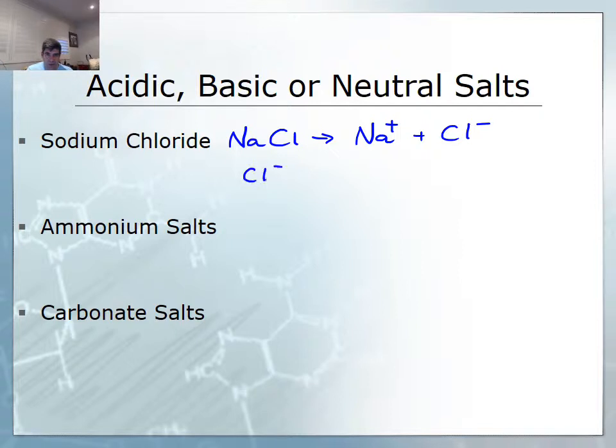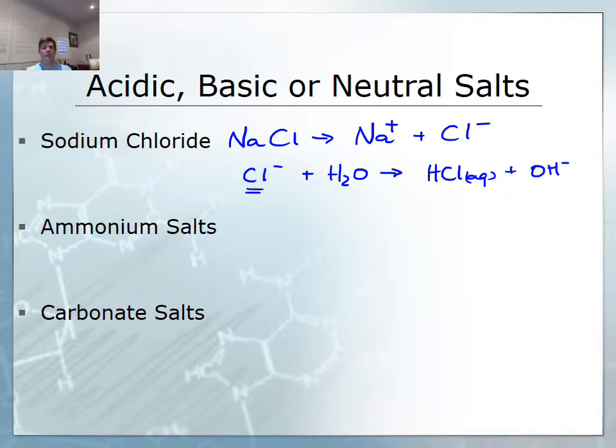So if the chloride was to interact with a water molecule, it is going to, in this case, act as a base. It can't act as an acid because it doesn't have a proton to give up, but it can act as a base. If it acts as a base, it's going to accept a proton, forming this species and OH- ions.